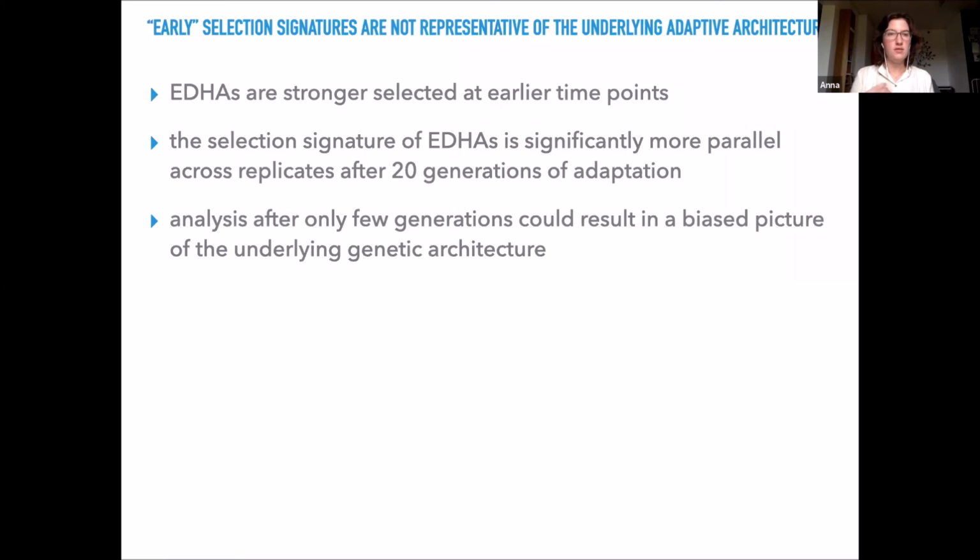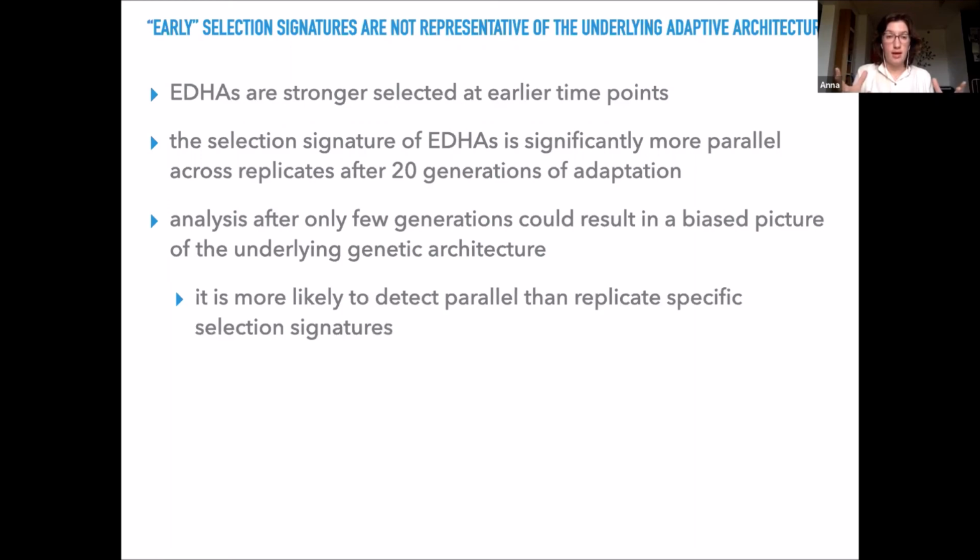And this could result in a biased picture of the underlying genetic architecture, because simply by the fact that drift and selection are working in the same direction, it is more likely to detect parallel than replicate-specific selection signatures.